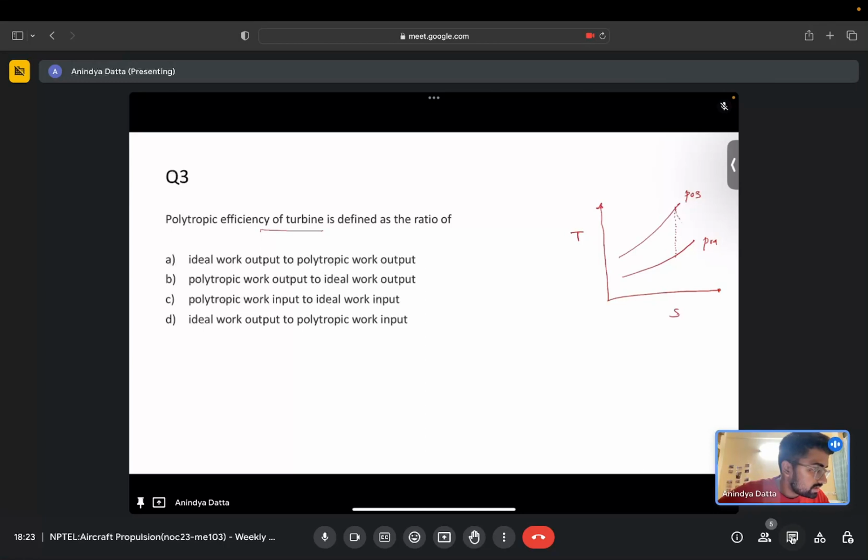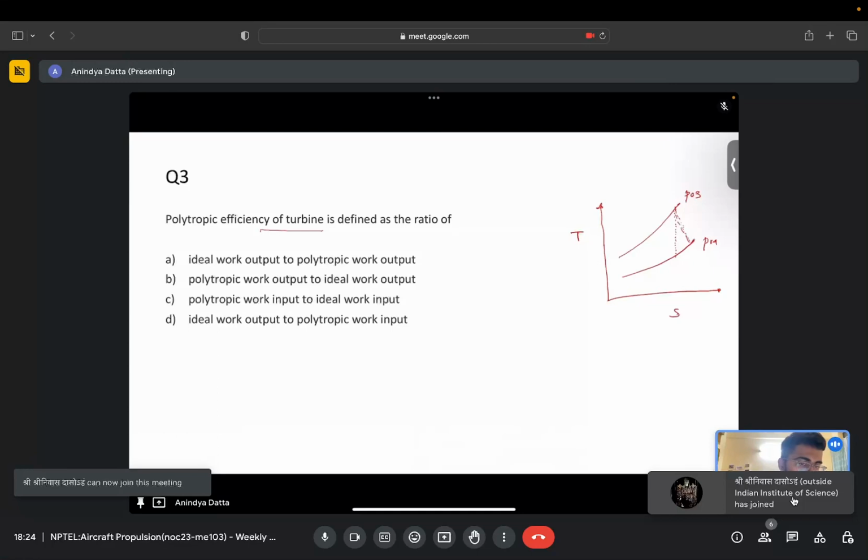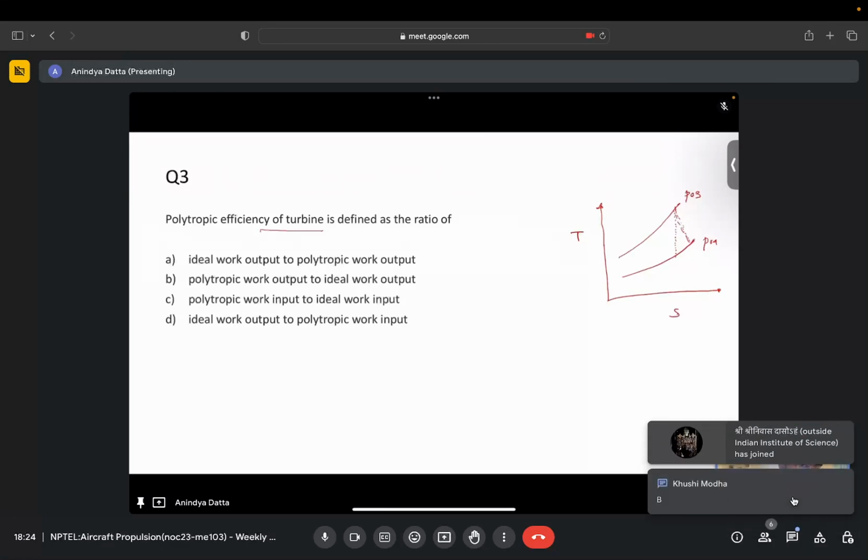But the actual process goes like this, which we approximate as a reversible polytropic process with index n.